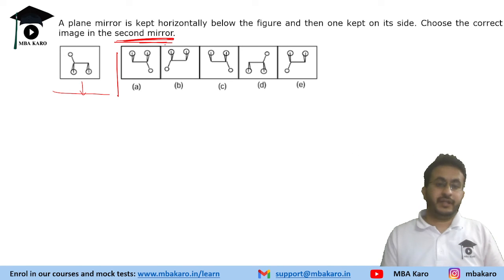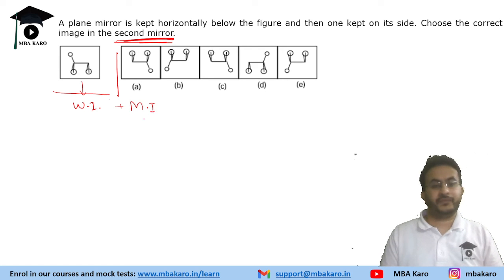We will not find the mirror image of this directly. First of all we will have to find the water image, and then of that water image we will find the mirror image. So how will the water image look? It will look like this. This part going this side, and then two legs and straight lines, and this line is going towards the left.